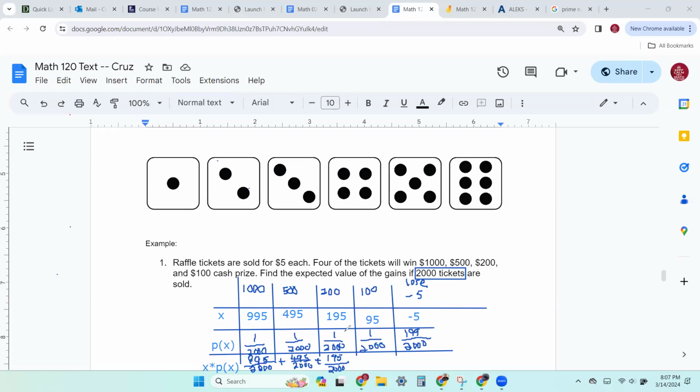So these are easy because there's a 1 in all the numerators. And then this is 95 over 2,000.